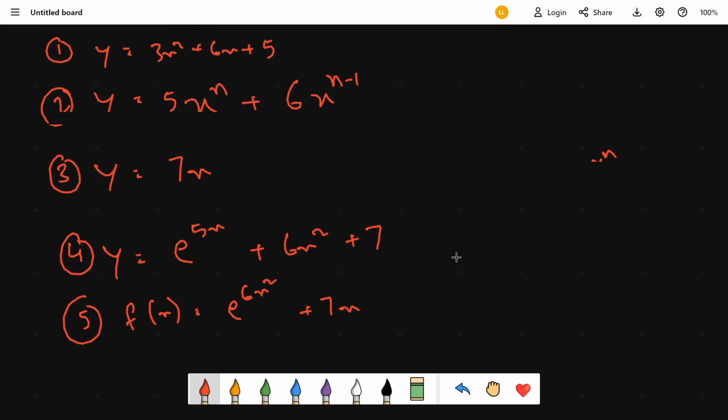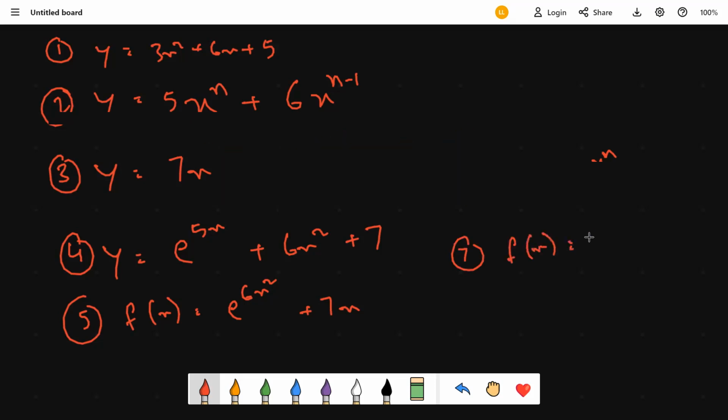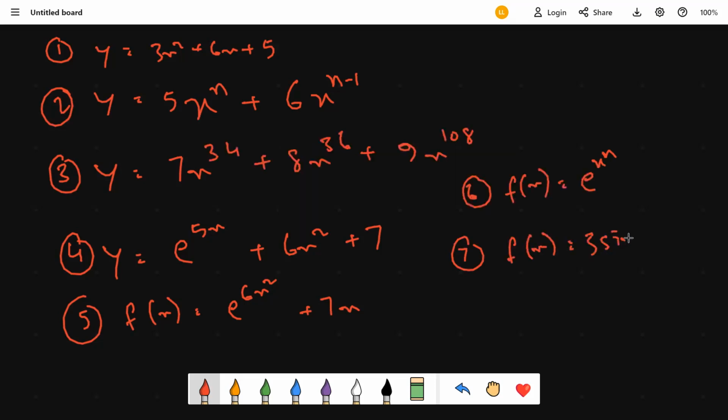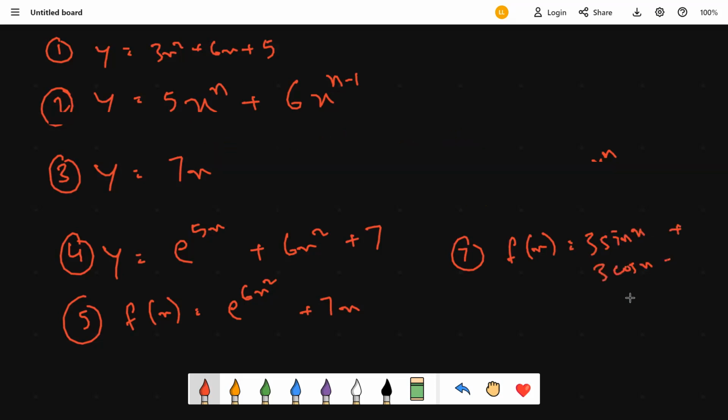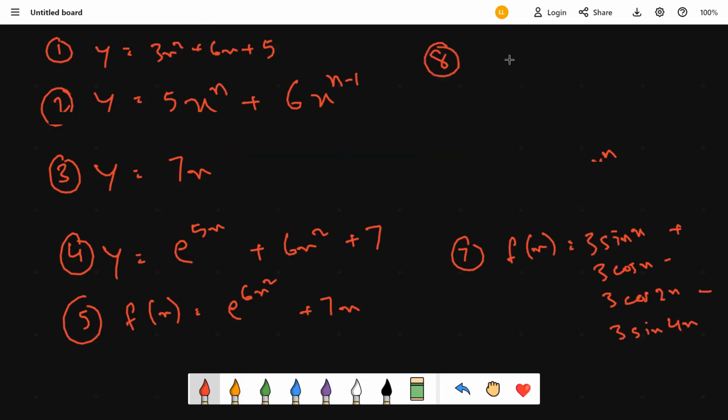And finally, let's give 2 more. f(x) equals sin x plus cos x minus cos 2x minus sin 4x. And the 8th number is over here at the top.